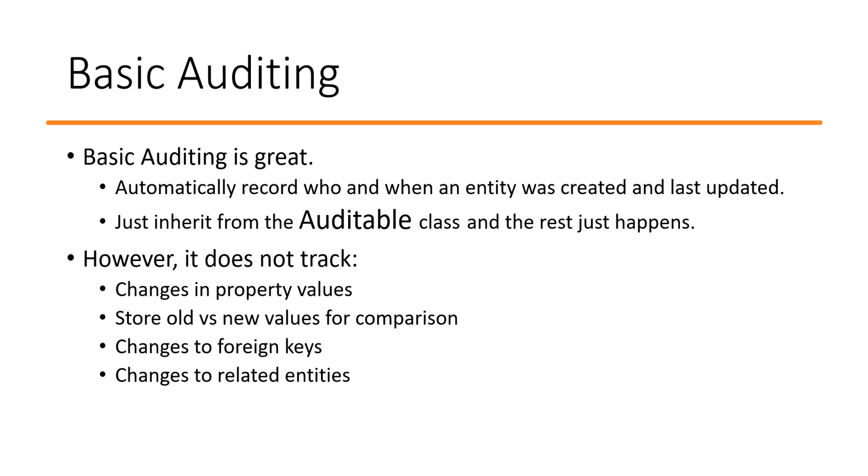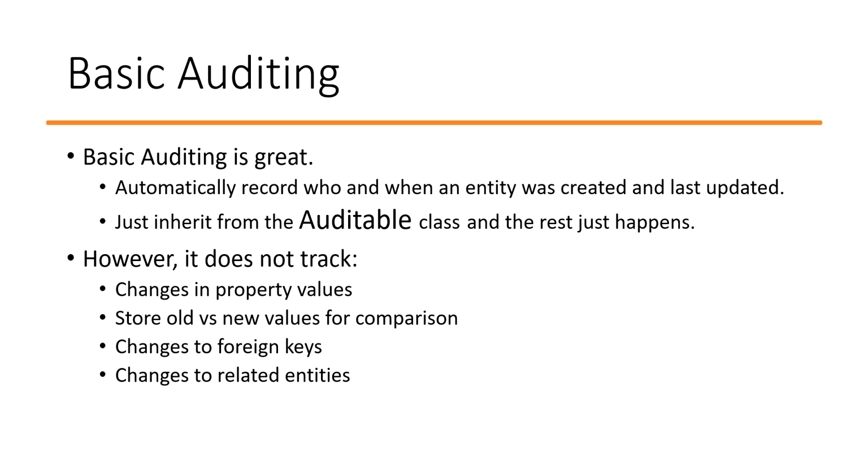But obviously, as the name basic implies, there are some real limitations to this approach as well, right? It doesn't track all the changes that are made to the data values, the property values themselves, okay? In an ideal world, we might say, well, you know what? I just want to know more than just that something was changed, but what was it changed from and what was it changed to, right? So a system that can store the old and the new values for comparison purposes, right?